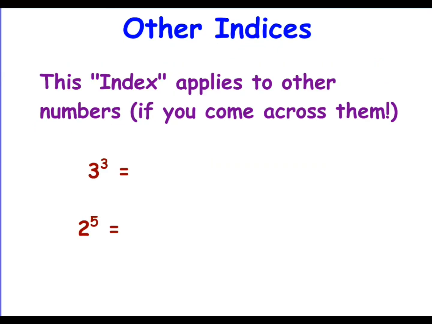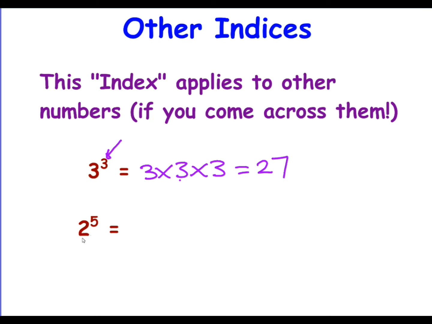Another thing you can come across with powers and indices are other indices and what they mean. So at level 2, you could come across other indices like the power of 3. So 3 to the power of 3, or an index of 3, means 3 times 3 times 3. So 3 times 3 is 9, 9 times 3 is 27.